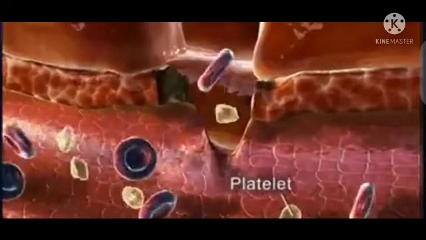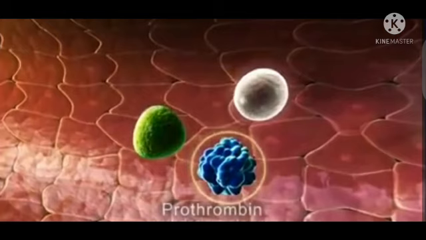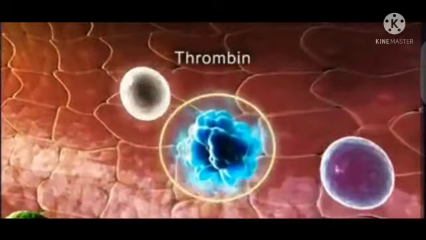When the blood flows out from the injured part, the platelets, one of the blood cells, release an enzyme called thrombokinase. This thrombokinase acts on another substance present in the blood called prothrombin, converting it into thrombin.